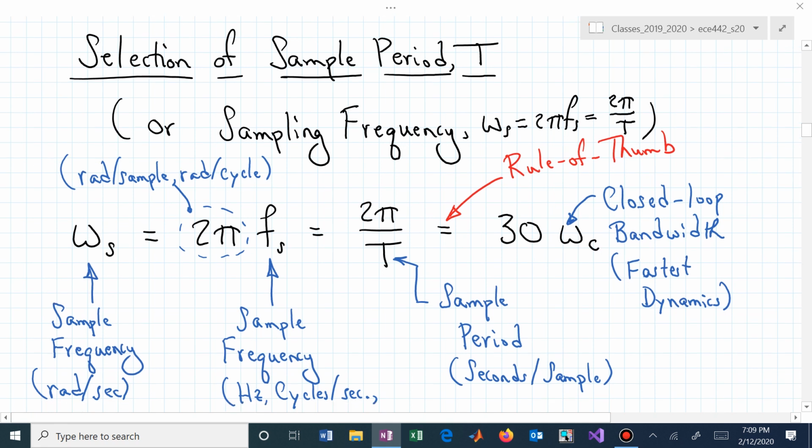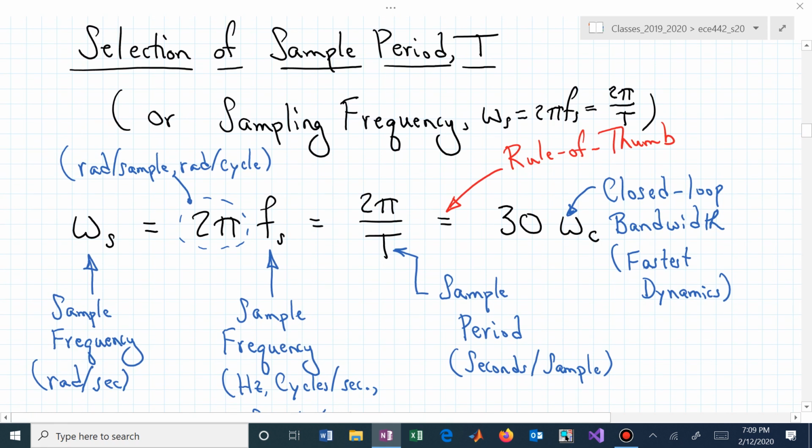Well, here's kind of a busy slide, but you need to understand this and how to use it. The sampling frequency, omega sub s, in radians per second, is related to the sampling frequency in hertz or cycles per second by this scaling factor of 2 pi.